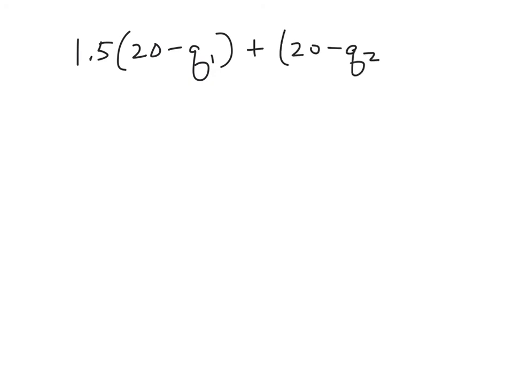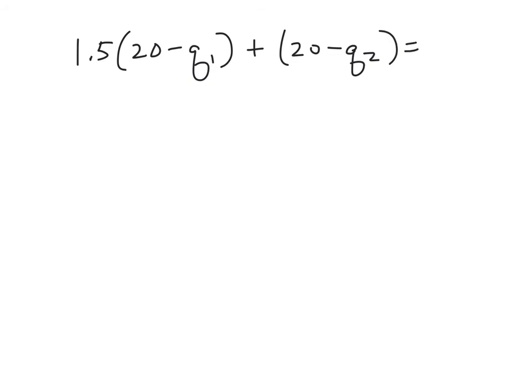We know that we're going for 12 parts per million at the receptor. I'm going to do it two ways, one and their equivalent. 1.5 times the pollution emitted from firm 1. And remember, that's the 20 they were emitting minus the amount they cleaned up. That's how many parts per million at the receptor result from firm 1 emissions. And then firm 2 is going to be emitting 20 minus however many they clean up.